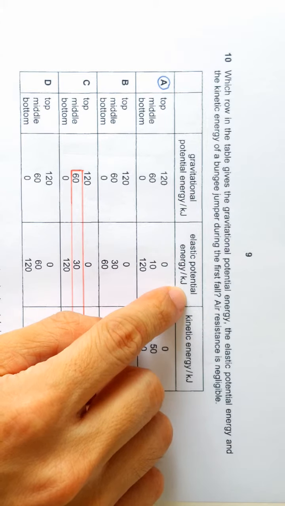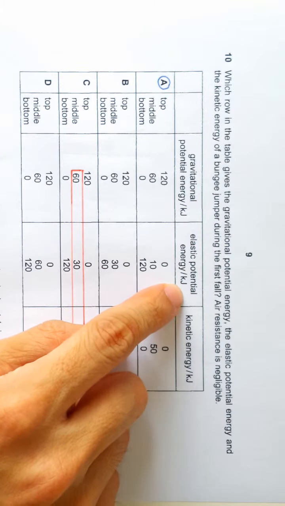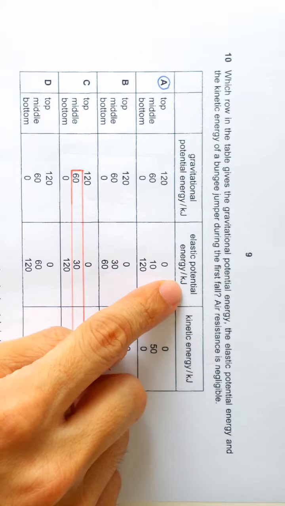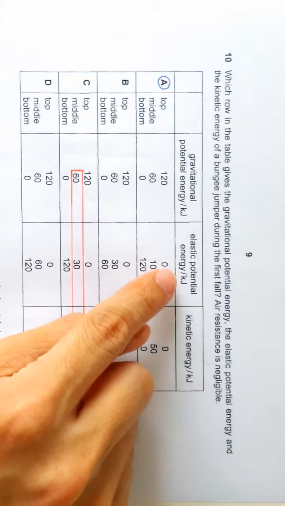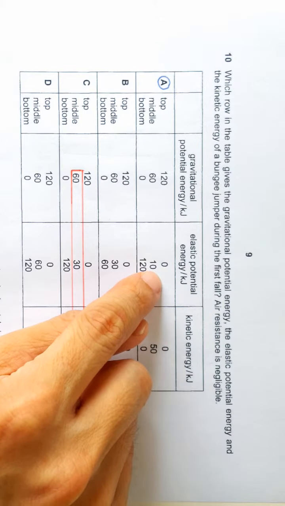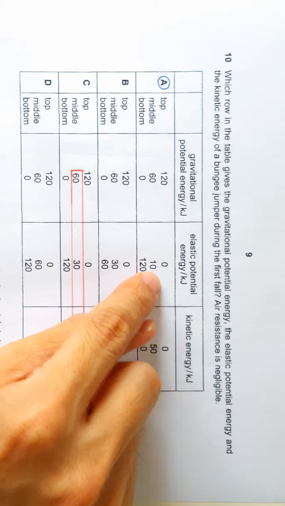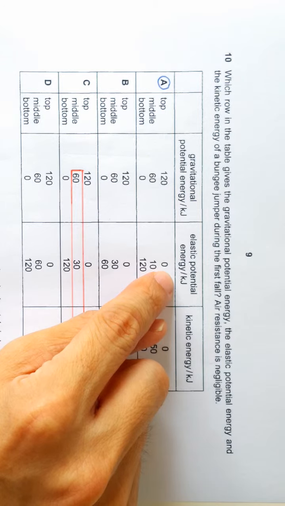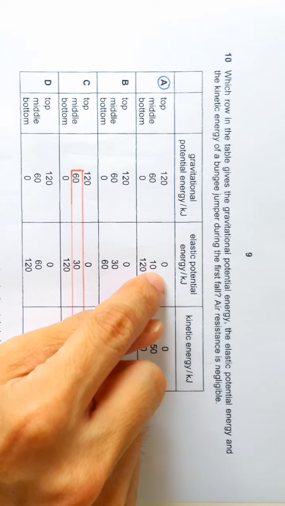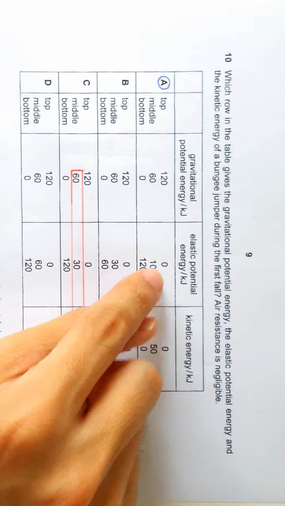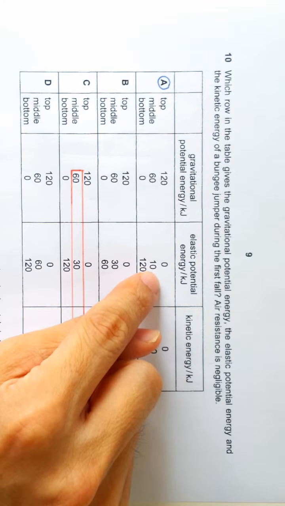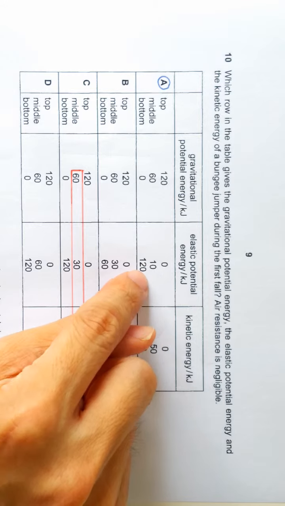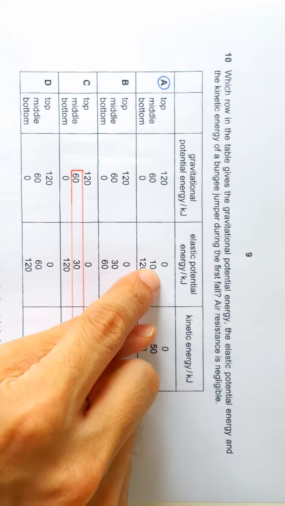In even more difficult questions, we may have to look at EP as well, elastic potential energy. And what we should be looking out for is that going from top to the middle, if the increase in elastic potential energy is 10 joules, like in this case, then we expect the increase in the elastic potential energy going from the middle to the bottom to be larger than 10 joules.